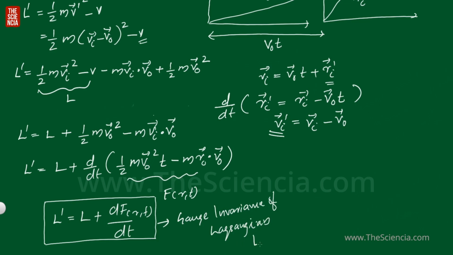That means the equations of motion will be the same. And we got this equation by Galilean transformation. So we can say Galilean transformations are invariant.